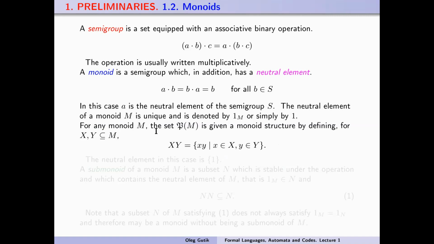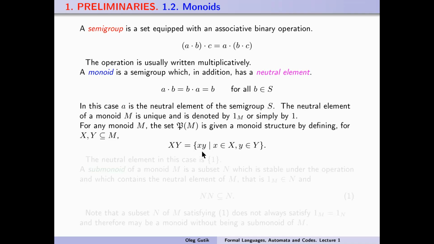For any monoid M, the set P-Gothic of M is given a monoid structure by defining, for any subsets X and Y from M, the following operation: X multiply Y, X capital multiply Y capital. We here lift the operation of multiplication.